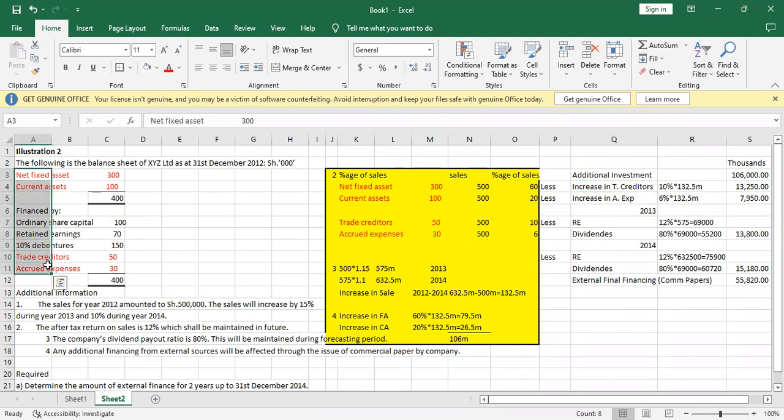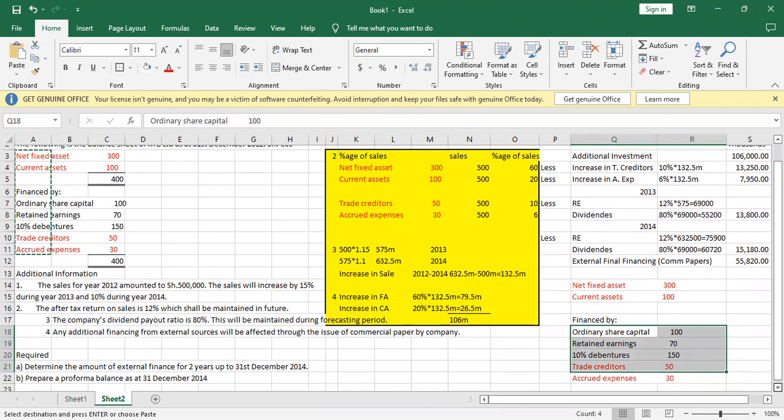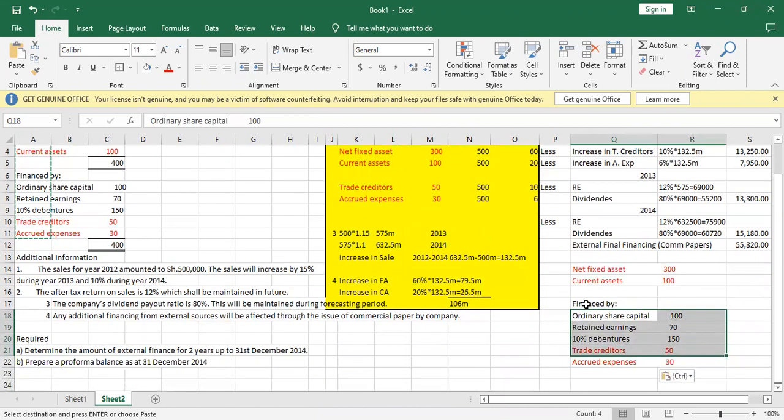Let me carry all this and put them here. I don't want these two. I can just take this. I'm just redoing the balance sheet, but this time I'm doing it with the increased figures, right? It's a pro forma balance sheet.